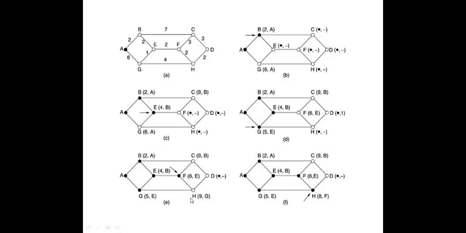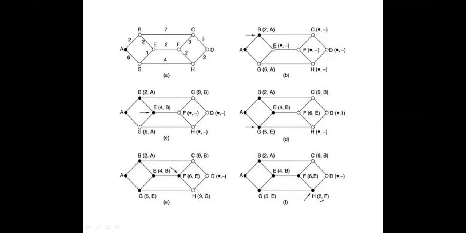If you move F to H, or you can move G to H, which one is better? For G, at G 5 comma E, 5 plus 4 is 9, so 9 comma G. Or if you choose F, in this direction from F to H, F is 6 and 6 plus 2 is 8.